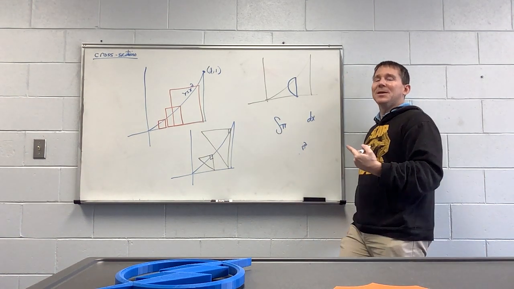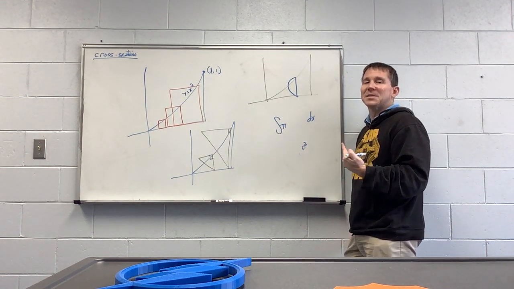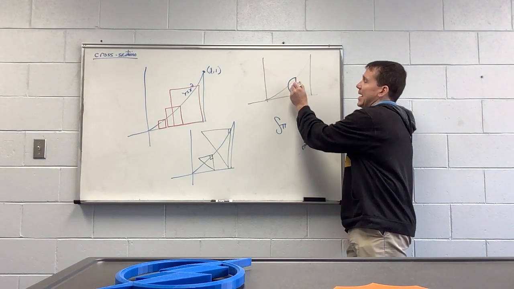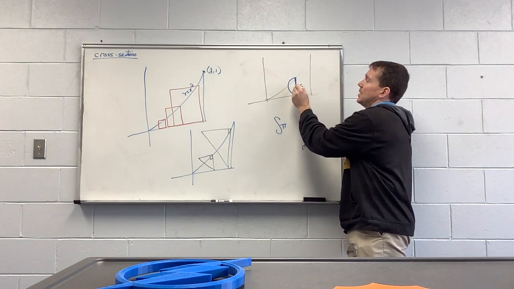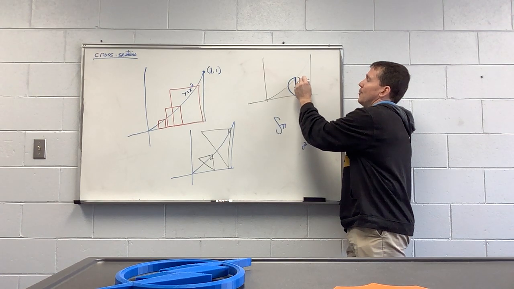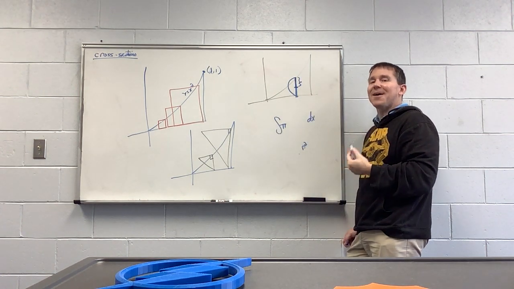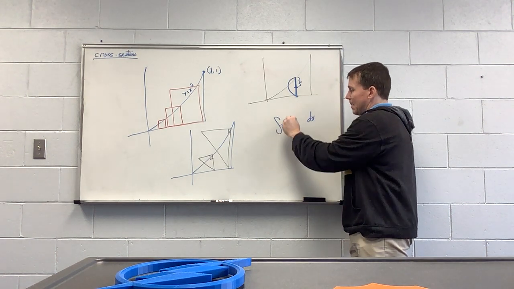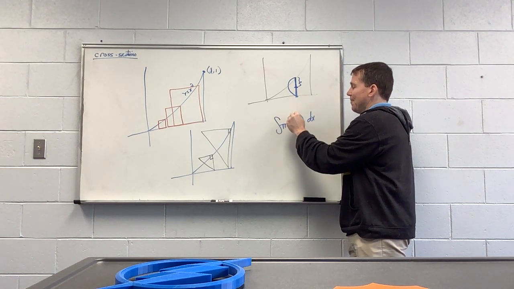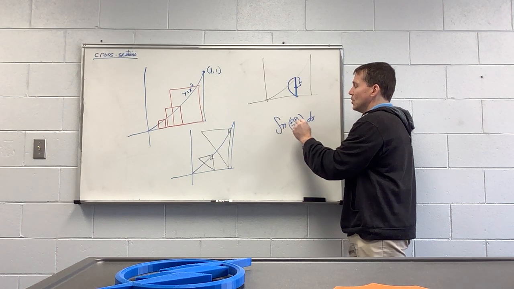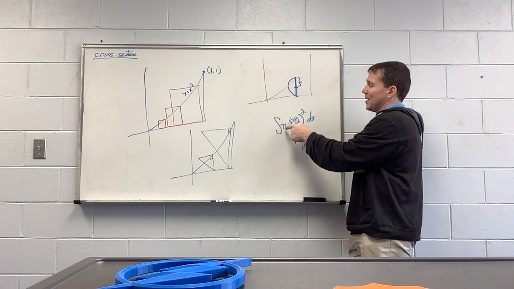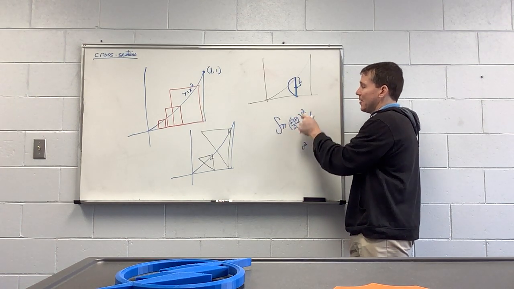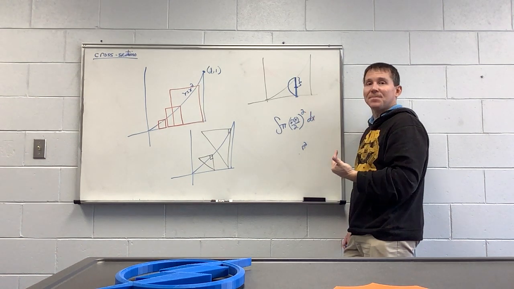Now I actually have to be really careful based on how my problem is defined. The radius is not the function value. The radius is actually half of the function value, which means here my radius will be f of x over 2, all of that squared, pi r squared h.